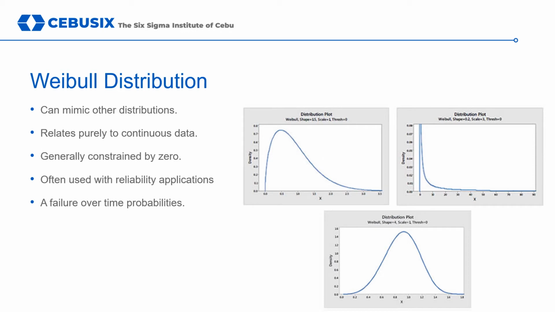The curves appear to fit the log-normal, exponential, and normal distributions, respectively, even though they each also fit the Weibull distribution. Weibull distributions can describe many data types and are often used when working with reliability applications and failure probabilities that change or vary with time.